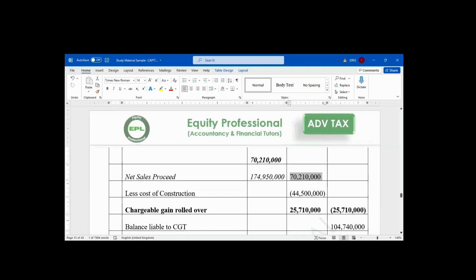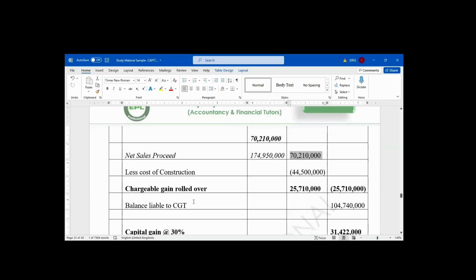104,740,000. This net capital gain, I call it the balance liable to capital gain tax. How much is your net capital gain? 104,740,000.